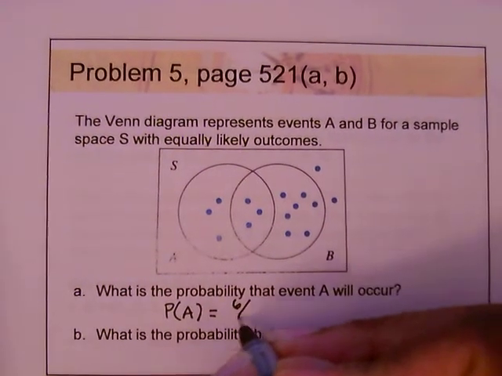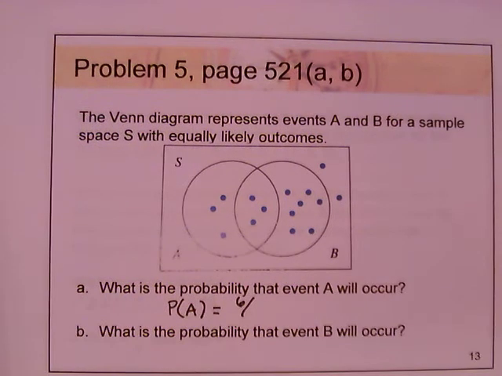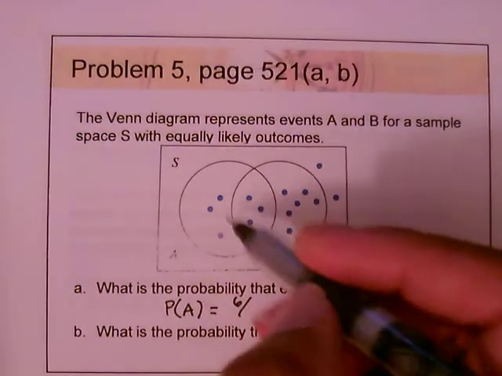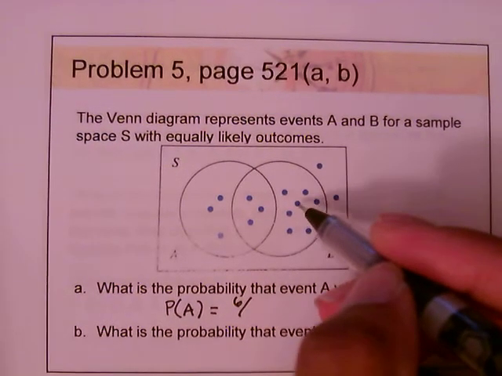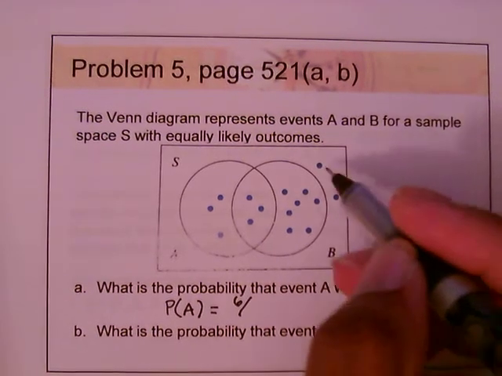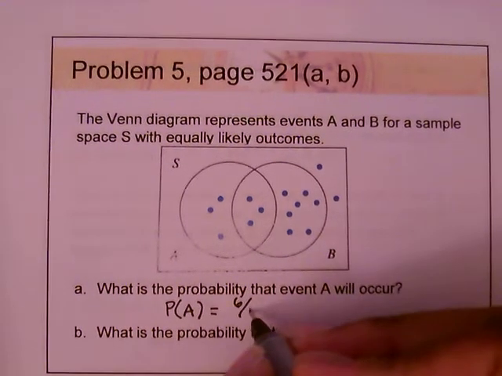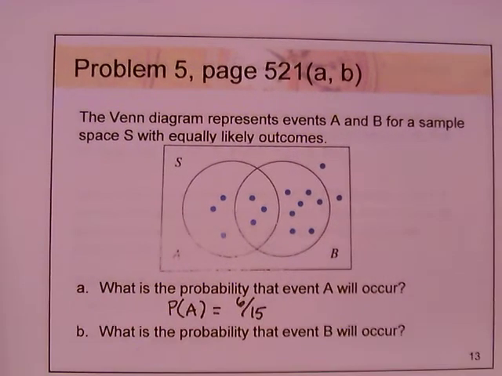So your 6 will be your numerator. Your denominator will be the total number of dots that are in the entire sample space. So here we got 6, 7, 8, 9, 10, 11, 12, 13, 14, and 15. That's your denominator. So the probability of event A would be 6 over 15.